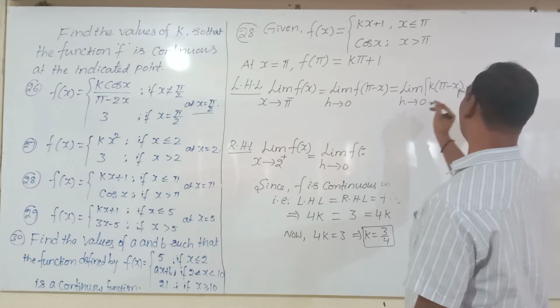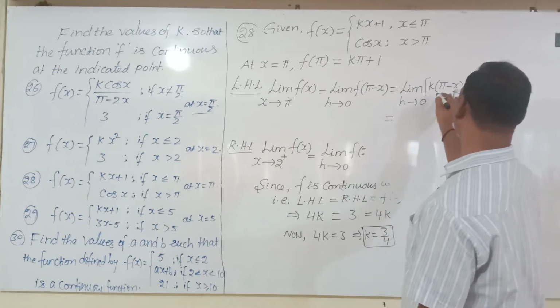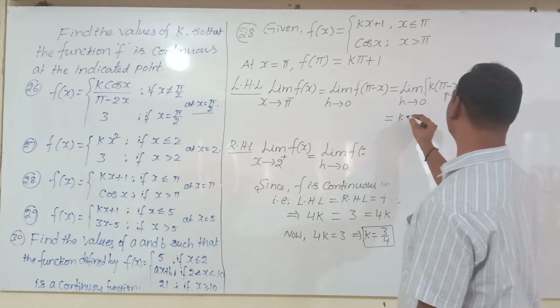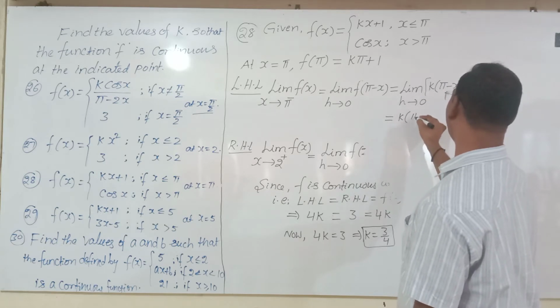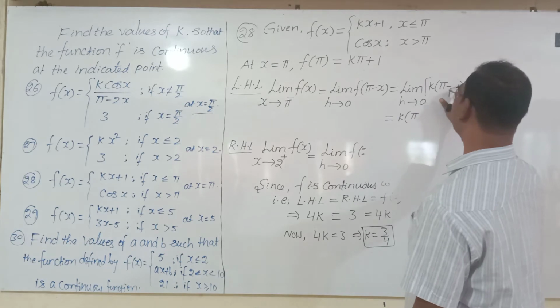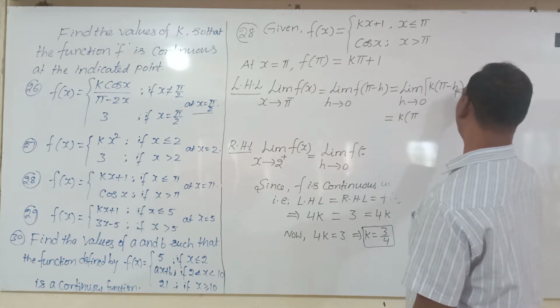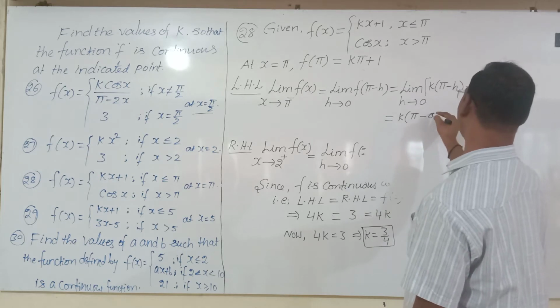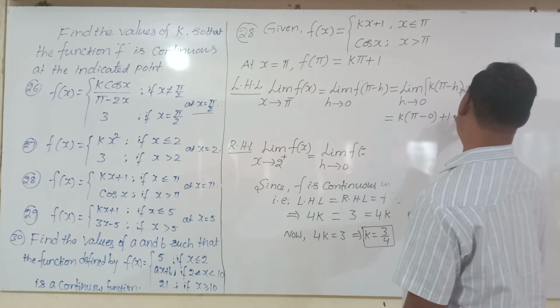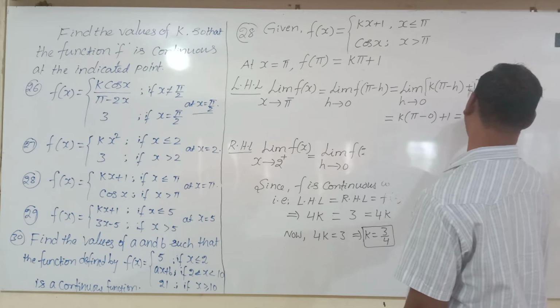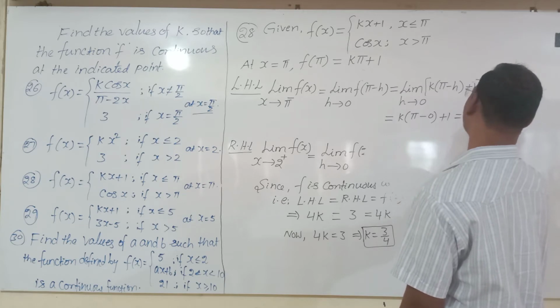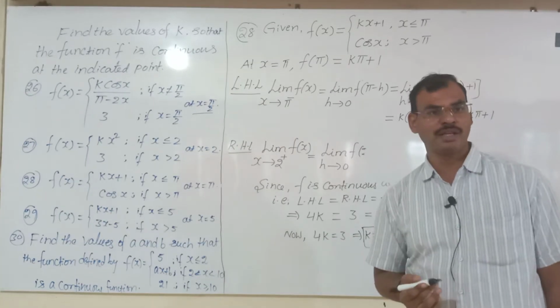This is equal to k into bracket pi minus 0, plus 1. This is equal to k pi plus 1. So this is the left hand limit, it exists.